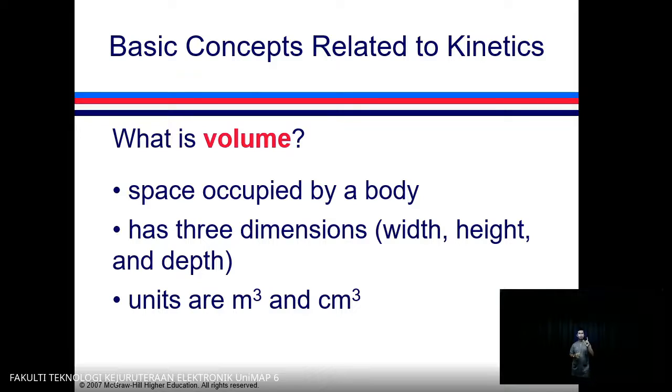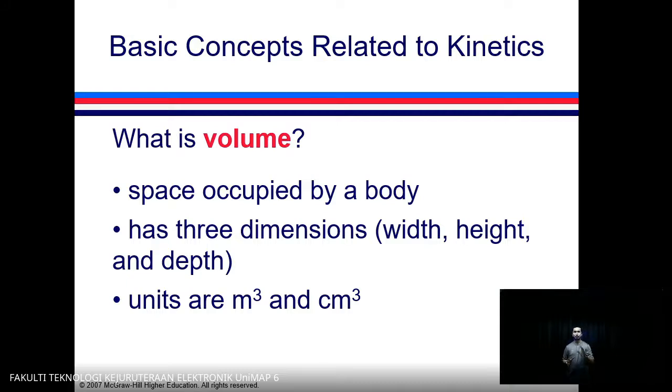The SI unit should be in meters cube, but sometimes the book puts centimeter cube, and sometimes the question needs you to convert centimeter cube into millimeter cube. So Google how to convert centimeter cube into millimeter cube. How to convert millimeter square into meter square. So all those things you need to know, okay?